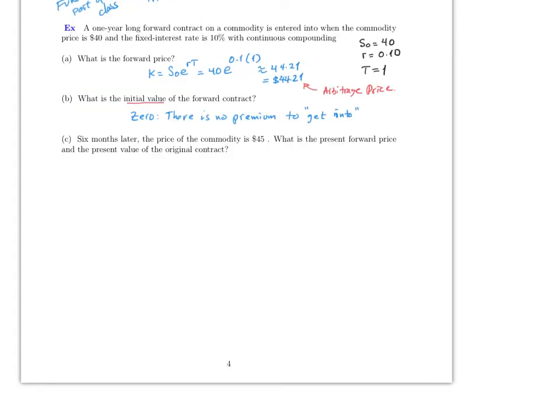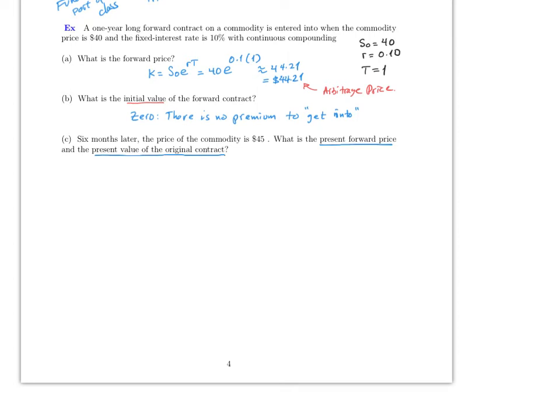Okay. Now, part C says the following. 6 months later, the price of the commodity is $45. So what is the present forward price and the present value of the original contract?